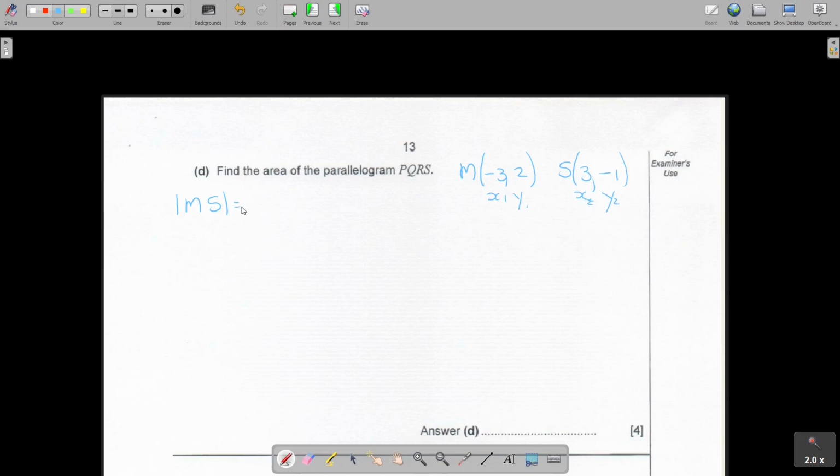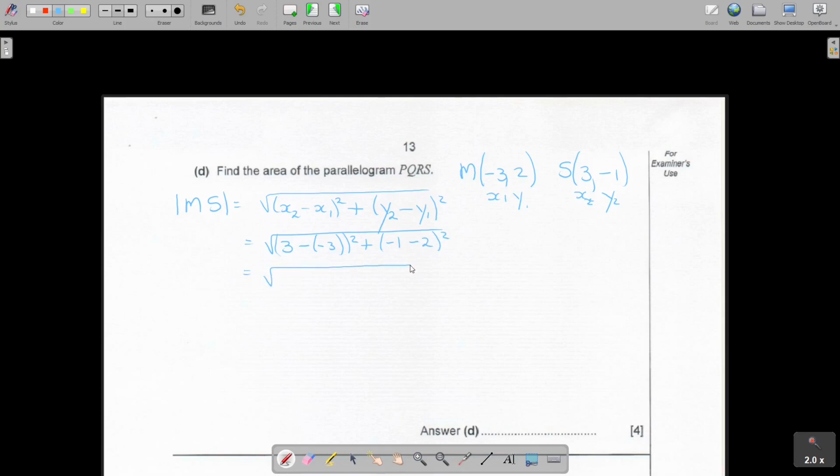Now my formula is saying, it's the difference in x squared, and the difference in y squared. So the difference in x, it's going to be 3 minus -3, and I square, plus the difference in y, so -1, -2 squared.